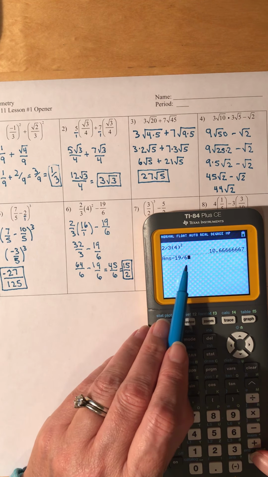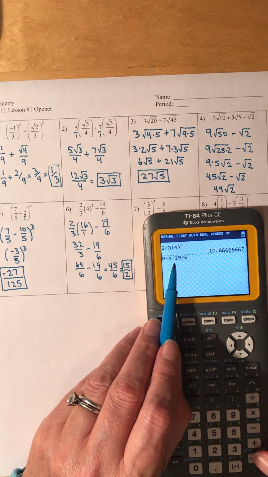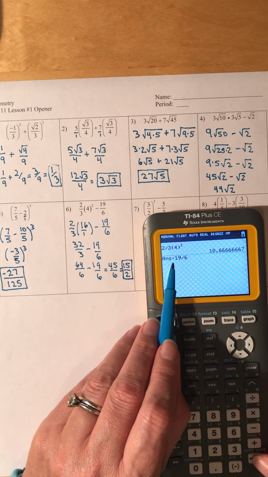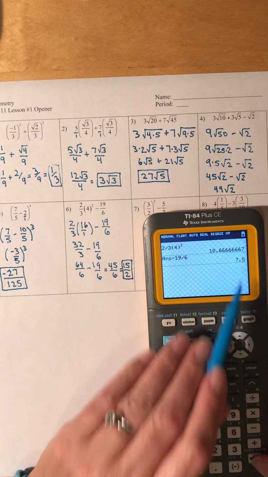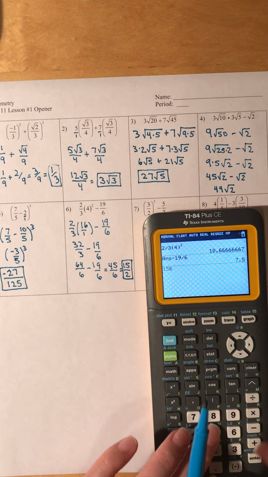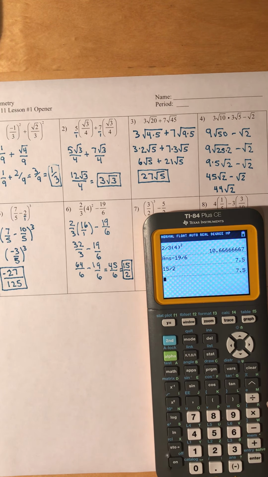And the calculator will do the 19/6 before this subtraction because it'll do division before subtraction. And there's 7.5, and then you could check, is 15 divided by 2 the same value? So I know that I have it correct.